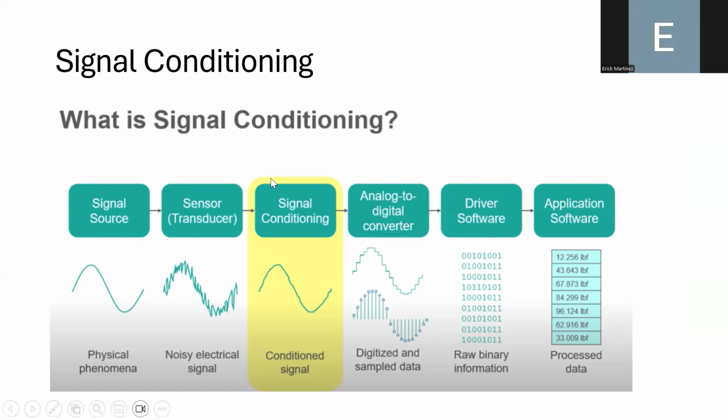Imagine that you have data from a sensor, that is the physical phenomena that you want to measure. But when you're using a sensor, the sensor is basically an electrical or electronic device that is susceptible to interference. You can have electrical or magnetic interference in the sensor that could introduce some level of noise.